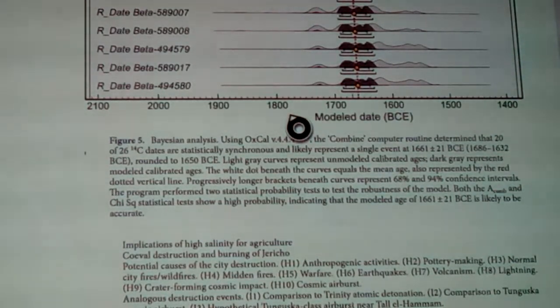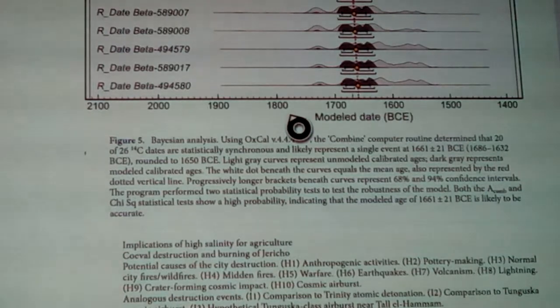So, implications of high salinity for agriculture and coeval destruction and burning of Jericho happened at the time, or it looks like simultaneously. Potential causes of the city's destruction: anthropogenic activities, pottery making, normal city fires, wildfires, midden fires, warfare like the Bible talks about, earthquakes and volcanism, lightning perhaps, crater forming, cosmic impact, cosmic airburst.